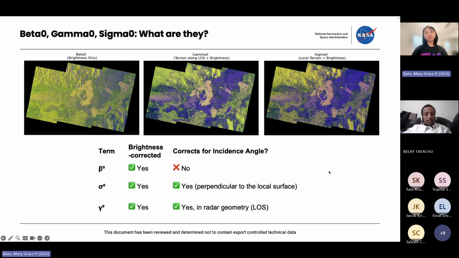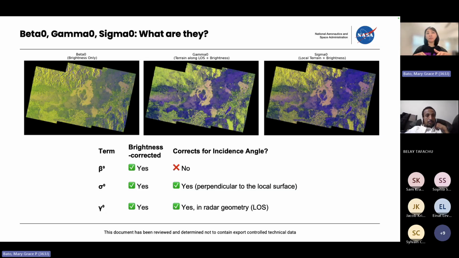naught. But it's an amplitude data that you can colorize, in my language, by assigning the different polarizations into different colors.